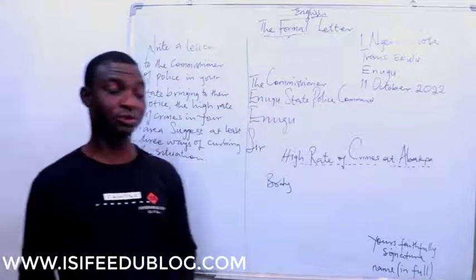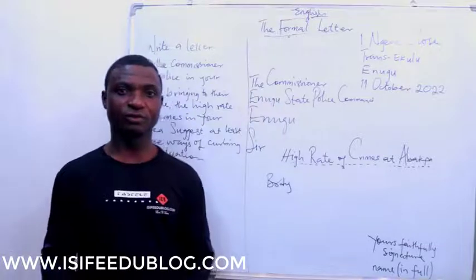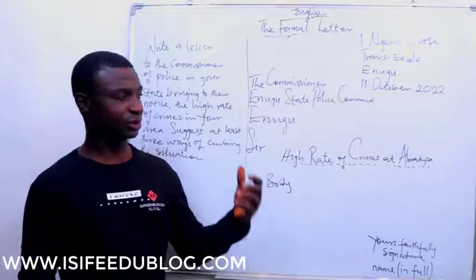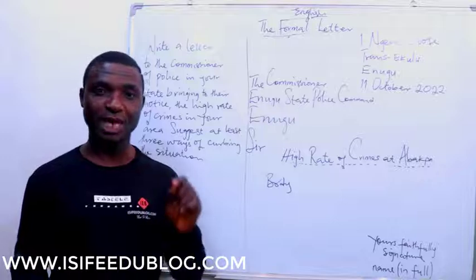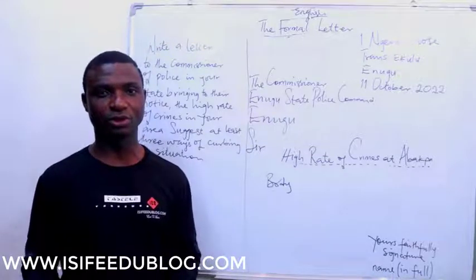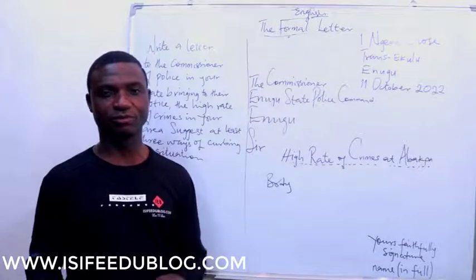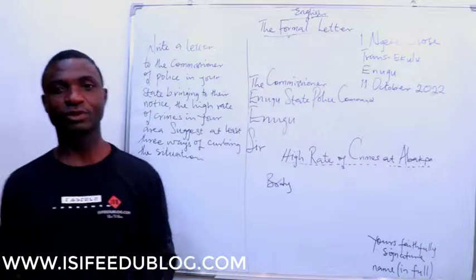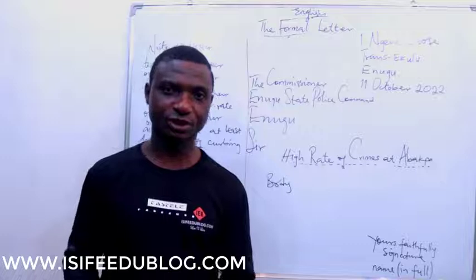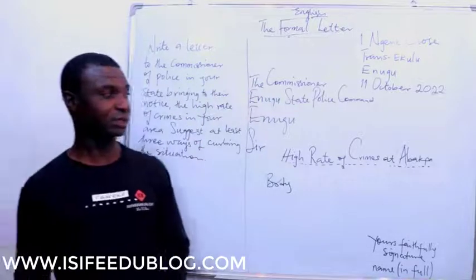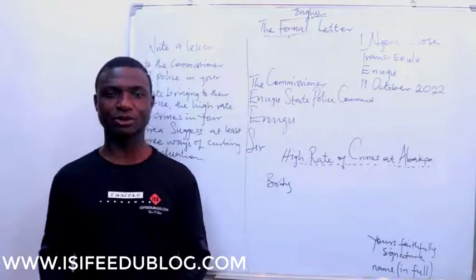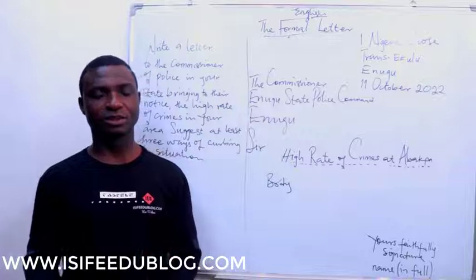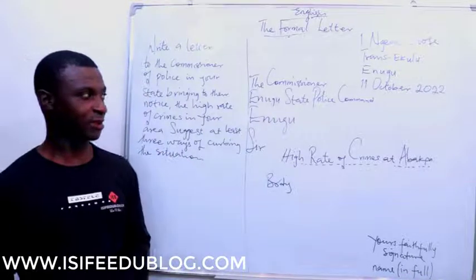And this includes even your own father. If your father is in an official position and you're writing in respect of that position, you're writing him a formal letter. If your mother is the registrar of a university in your area and you're writing her with respect to that office, you're writing a formal letter.